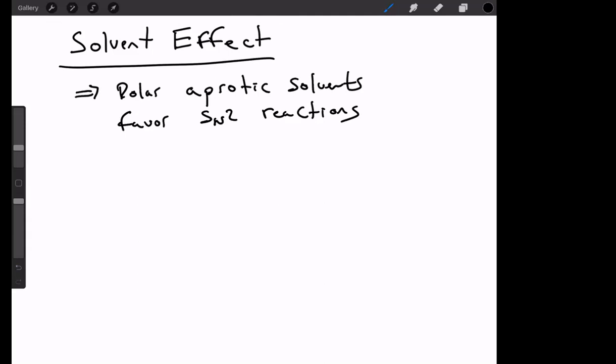What does aprotic mean? Well, protic involves a proton, and aprotic means that the solvent doesn't have a proton.